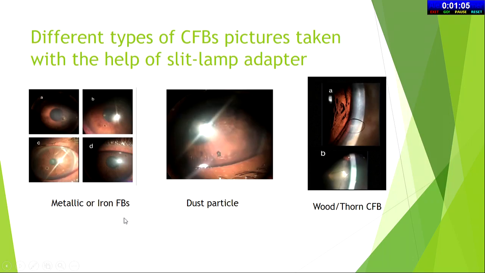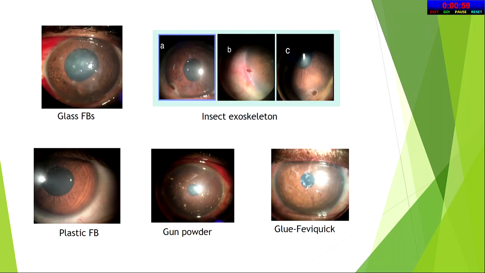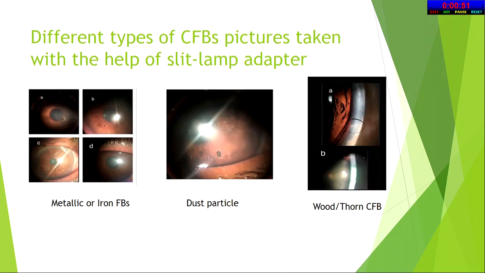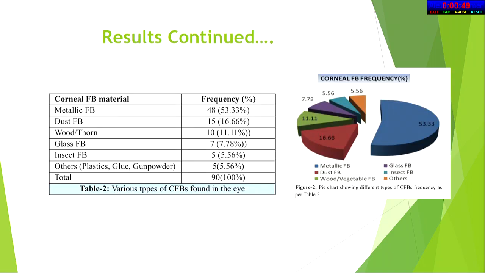These are some different types of corneal foreign bodies: metallic foreign bodies, dust particle, wood thorn, glass foreign bodies, insect exoskeleton, plastic foreign body, gunpowder and glue Fevikwik injury. When we compare the various types of corneal foreign body found in the eye, metallic followed by dust, metallic was the highest.